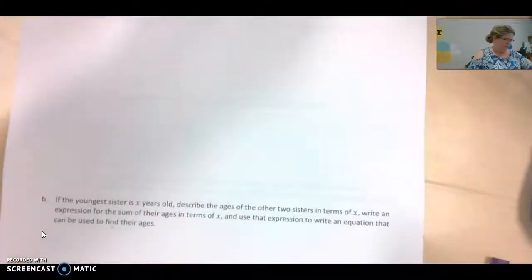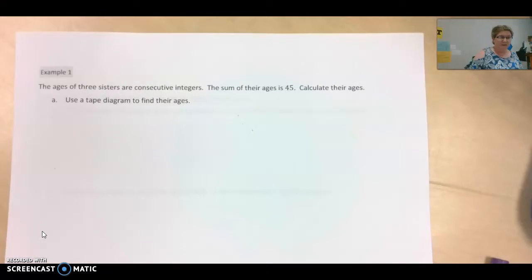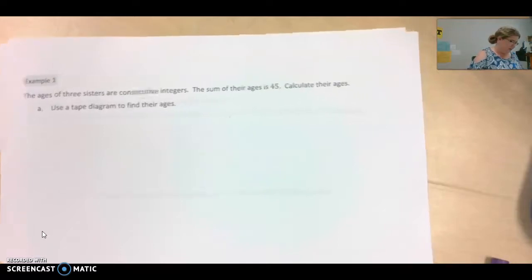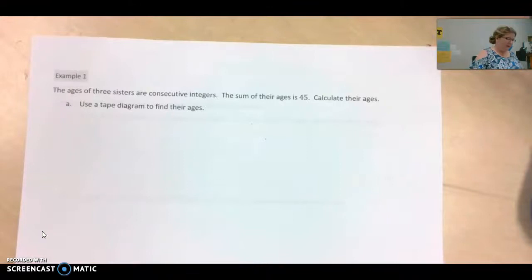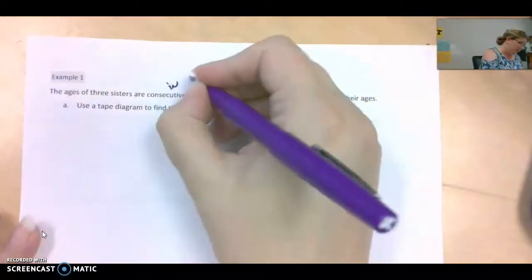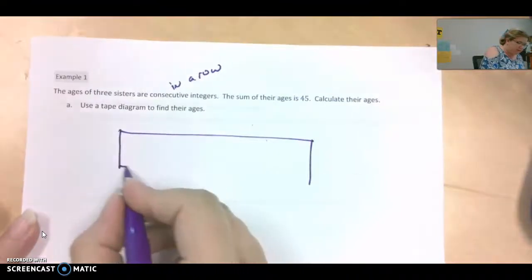Let's see what's next. Oh, the ages of 3 sisters are consecutive integers. So, their sum is 45. Calculate their ages. Use the tape diagram to find their ages. Alright. Consecutive means in a row. We've got 3 sisters.